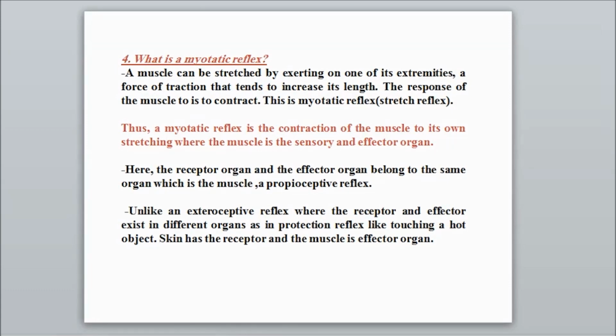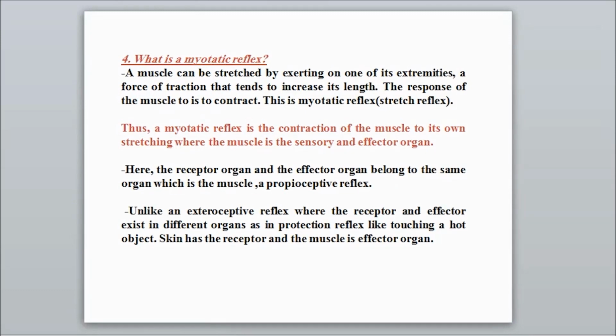Here, the pulling stimulus, for example, is applied on the muscle itself, which performs an action, contracting. So the muscle is the receptor and the effector organ at the same time. This is referred to as a proprioceptive reflex.